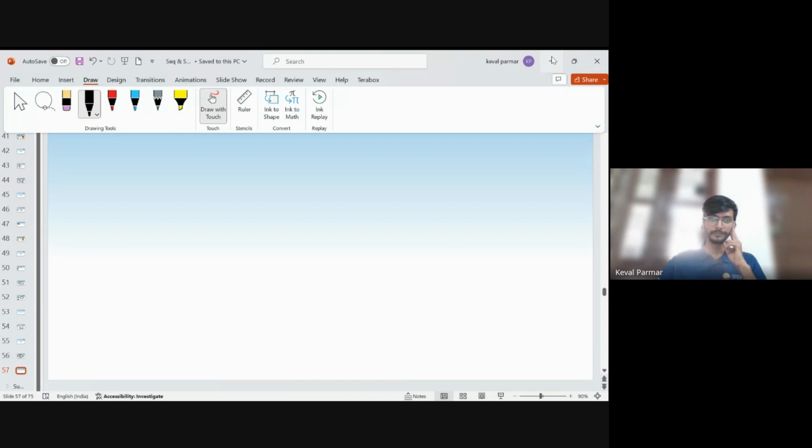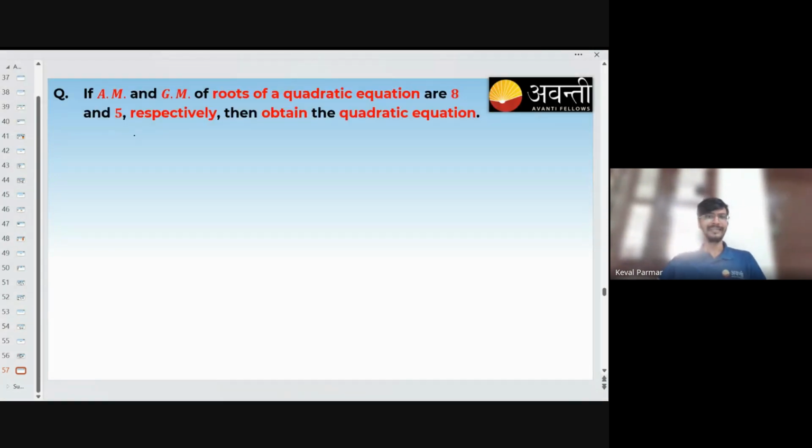Got it? x square minus 16x plus 25. Yeah, simple. So here, AM and GM of roots of the quadratic equation are 8 and 5 respectively.